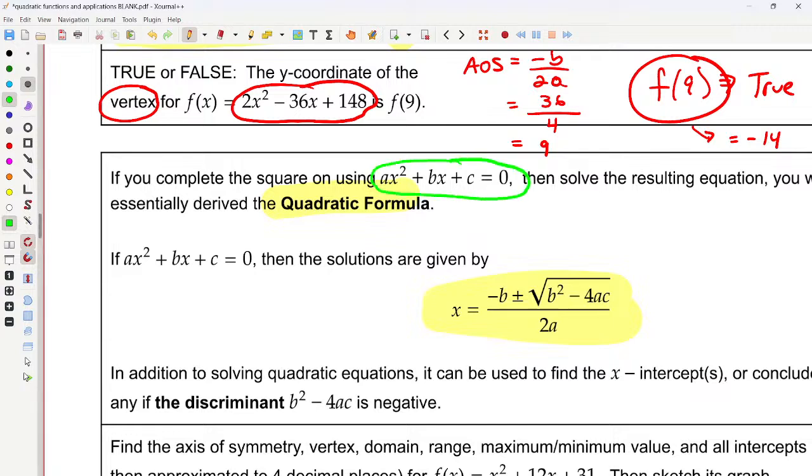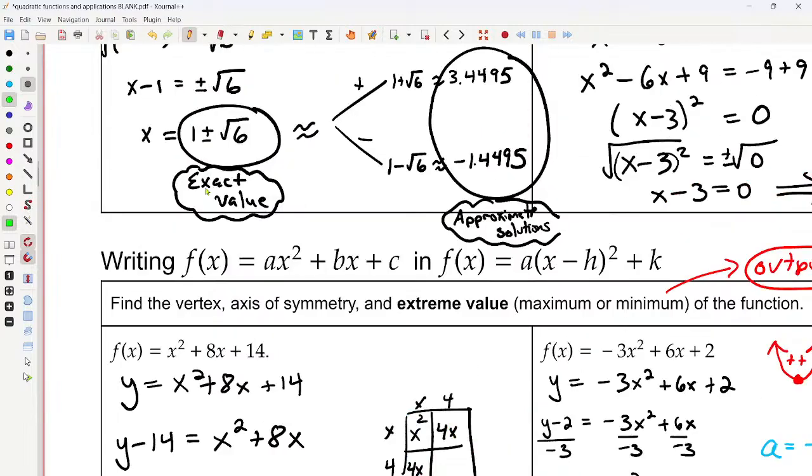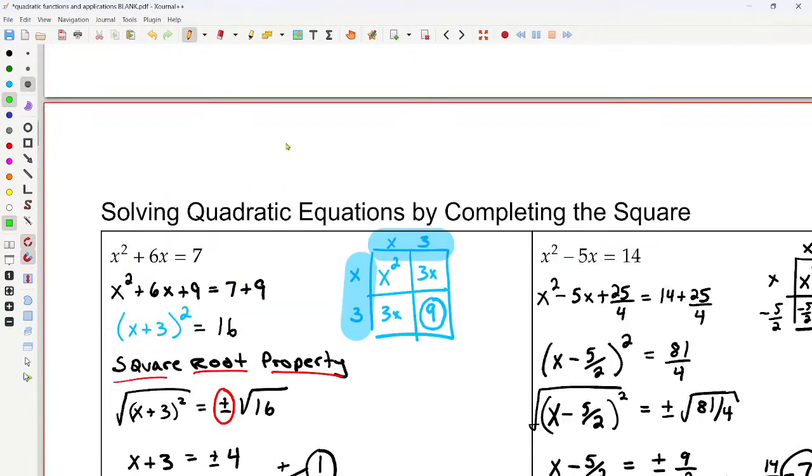It says, in order to apply it, you have to have standard form set equal to 0. So I'm going to detour for a minute off my plan, but that's okay.